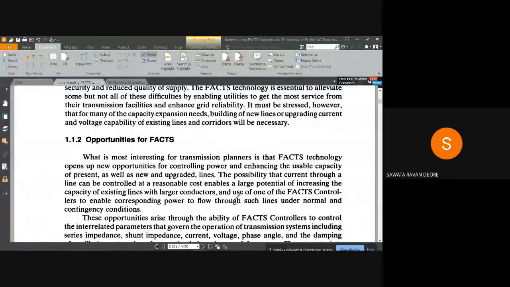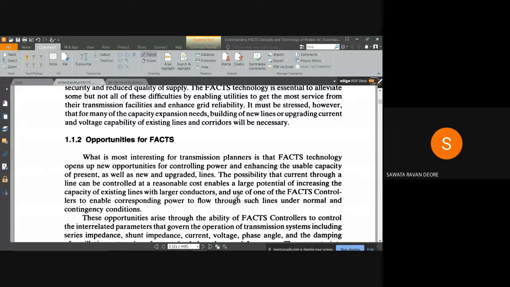Let's say one may be coming from Konkan, one through somewhere in the center of Maharashtra, and one through the western part of Maharashtra. So whatever power we are taking at the Kharghar substation, along with that, some power flows from one line to another.